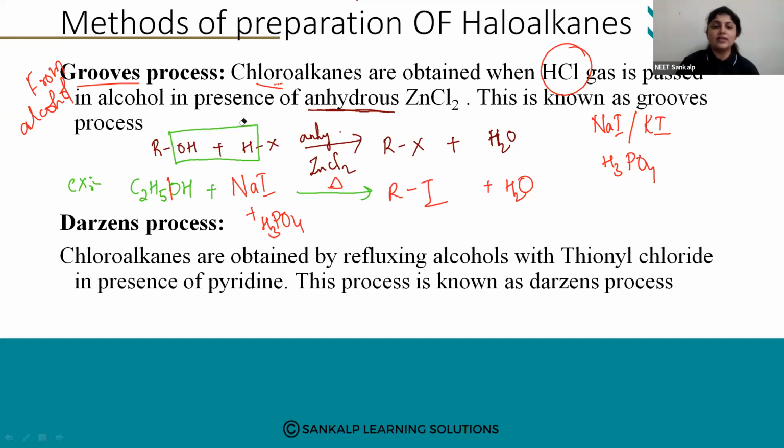I'll write the general reaction so it will be more clear. You can use any alcohol. Whenever you want to prepare iodoalkane, the alcohol should be treated with either sodium iodide or potassium iodide plus 95% orthophosphoric acid, and you have to heat it.